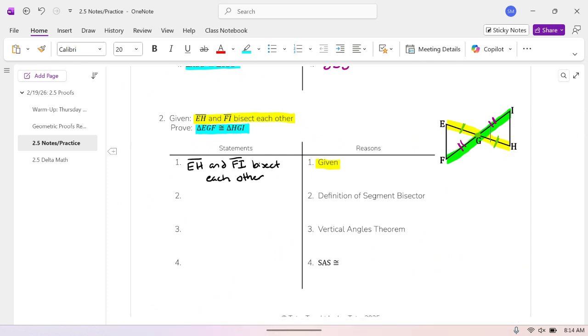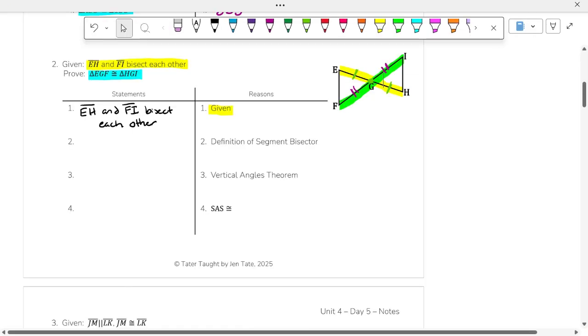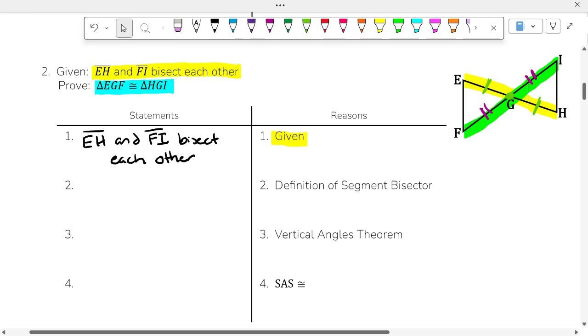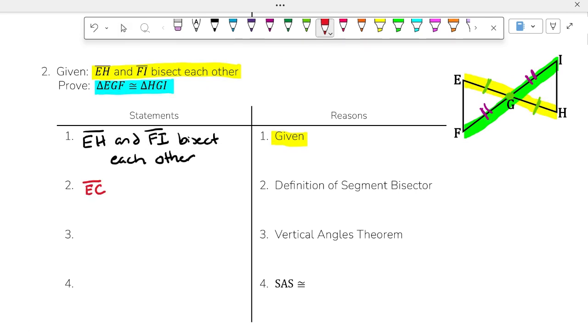Yes, so that's exactly what we're going to say. So I'm going to say that segment EG is congruent to segment GH. Or actually, let's put that as HG. Then I'm going to put a comma because we're going to put two statements in one.